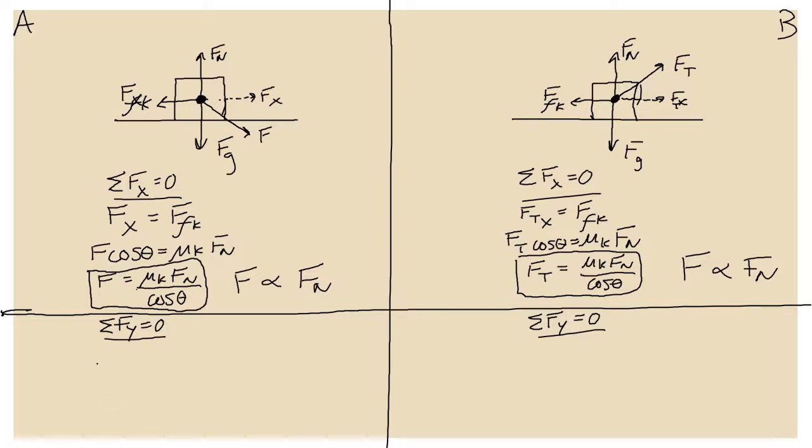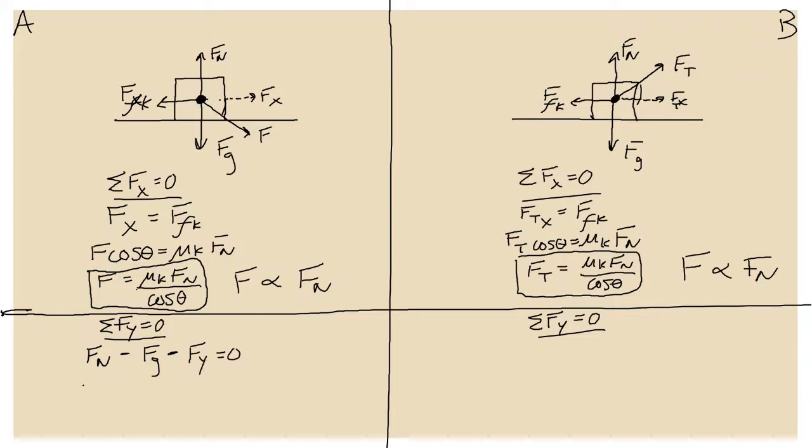Now we got to think long and hard. Because the sum of the forces is going to be equal to 0, we're going to have all the upward forces added together minus all the downward forces equal to 0. And so in case A, my upward forces are the normal force, and that's it. And my downward forces are Fg and Fy, the vertical component of this applied force, goes down.